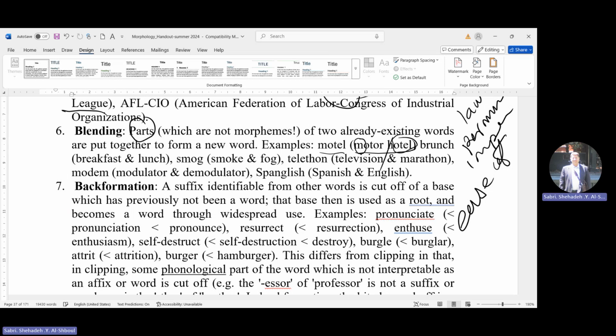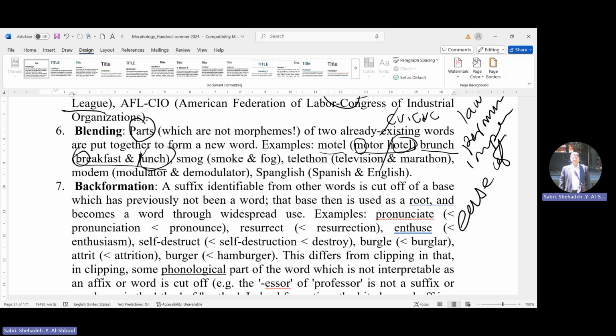So we cut the initial consonant, which is the onset of the CVC syllable, and we move with the rest. For breakfast and lunch, we have brunch. So we cut the BR with unch. So we cut L and BR, right?